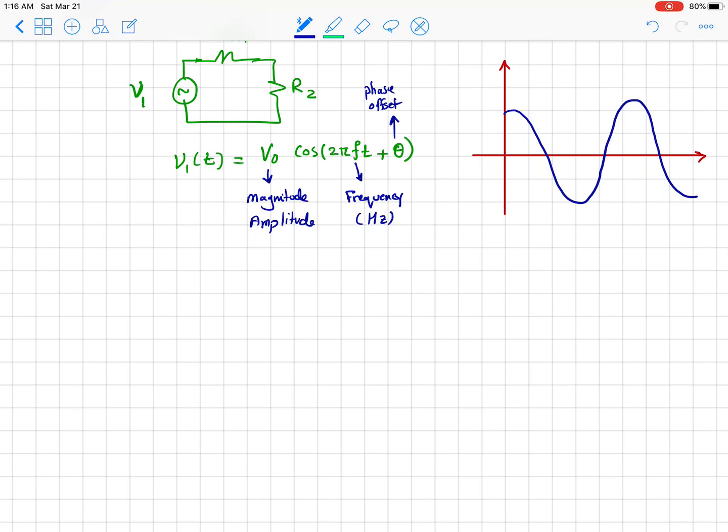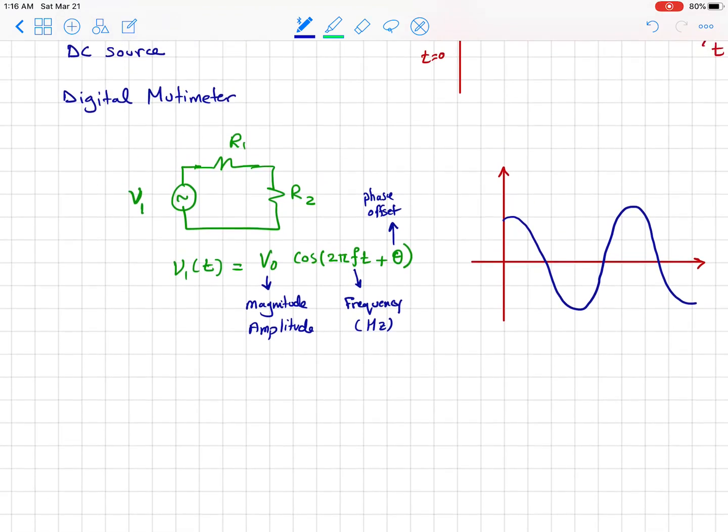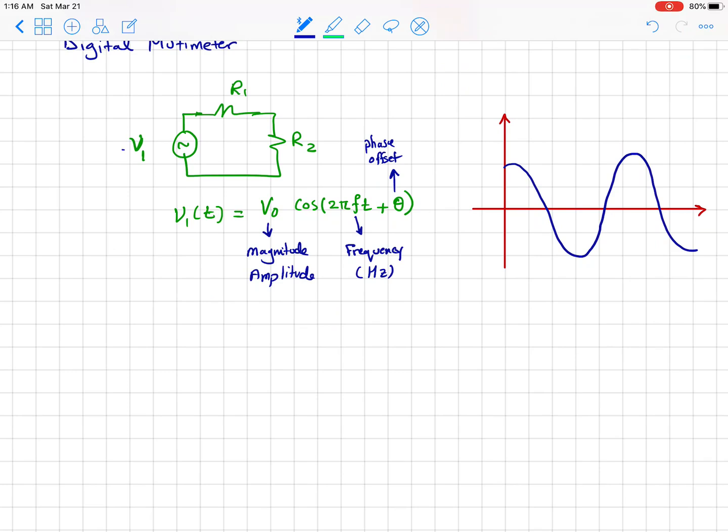So now, if we have this circuit and we want to generate a voltage like this, we cannot use a DC source. So we have to use another device called function generator. The function generator will generate a signal that varies with respect to time.